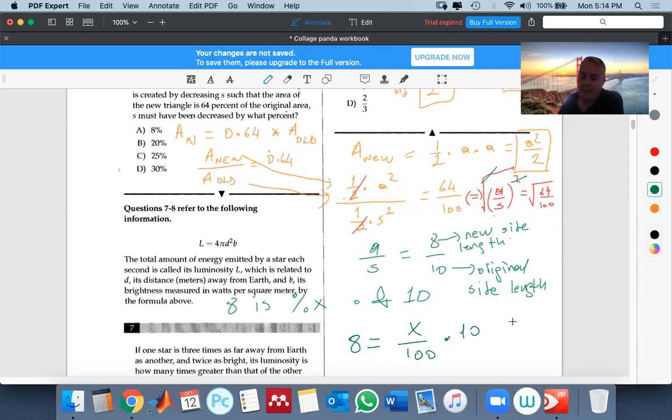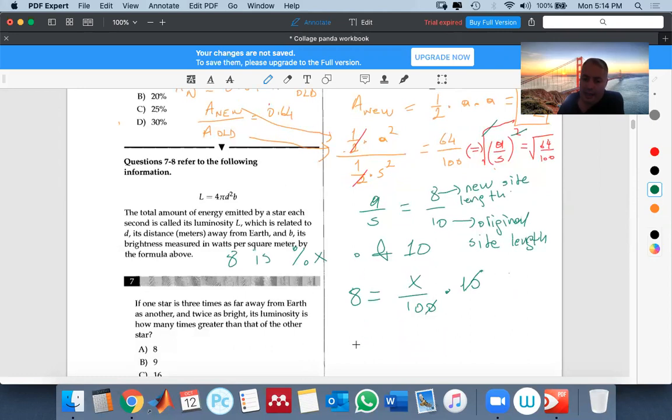Am I clear? If I simplify and do the cross product, 8 times 10 is equal to x, which is 80%. So 8 is 80% of 10.